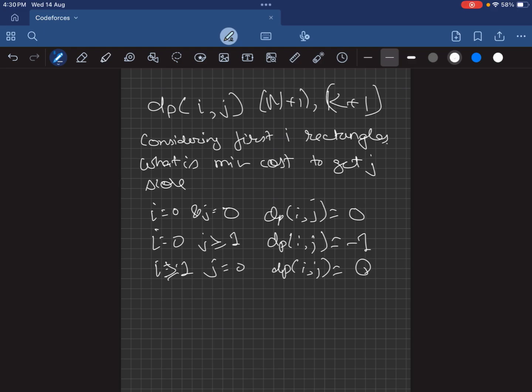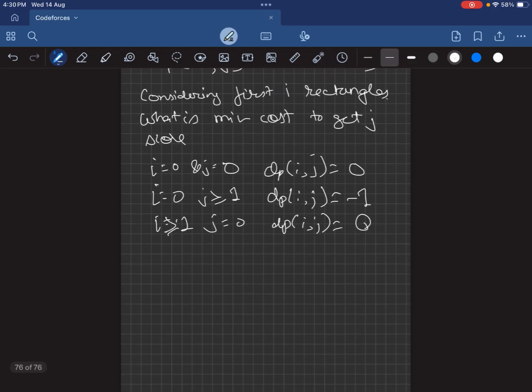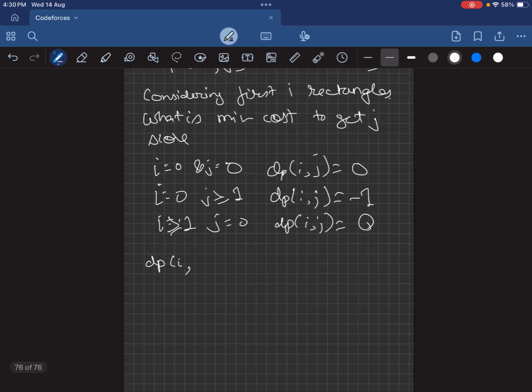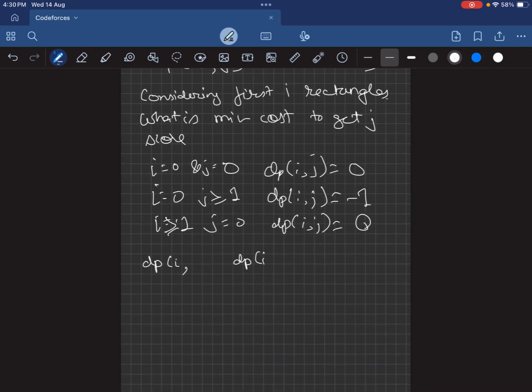Now the important case is the recursive case. Now how do we go about this recursive case? So let us assume that while calculating dp of i, every entry from dp of 0 to dp of i minus 1 is calculated. Let us assume that.